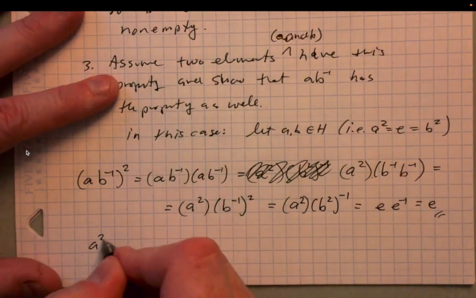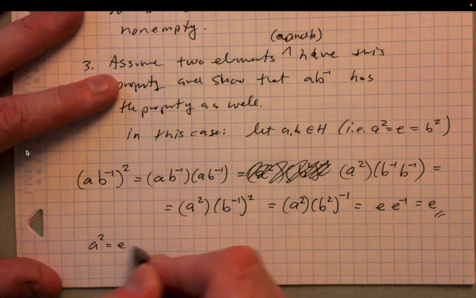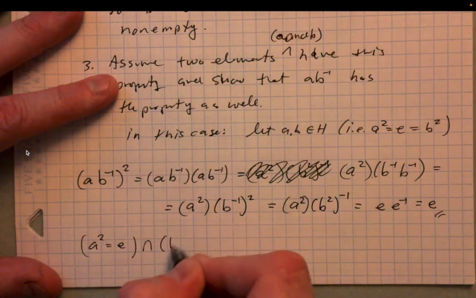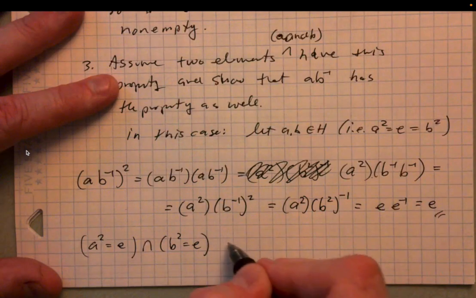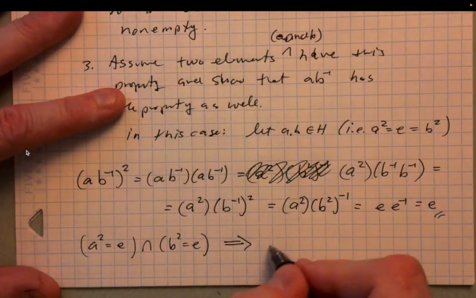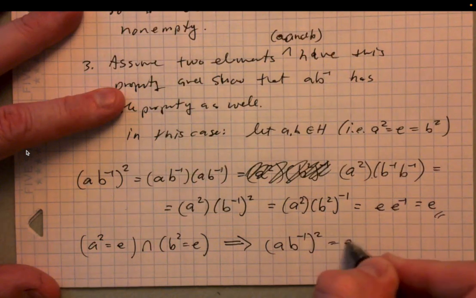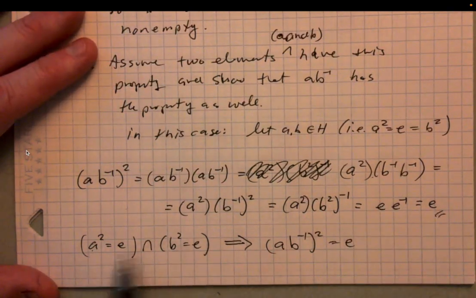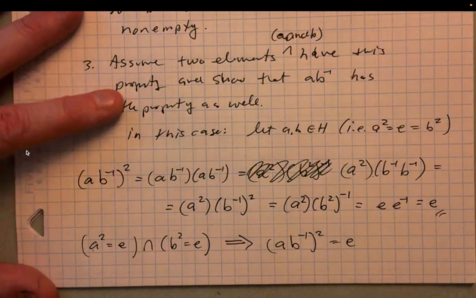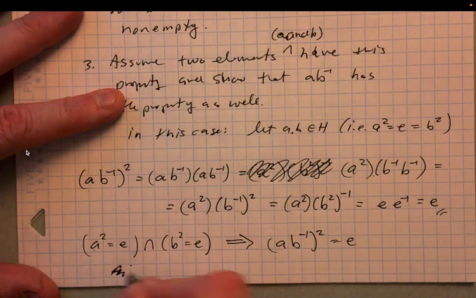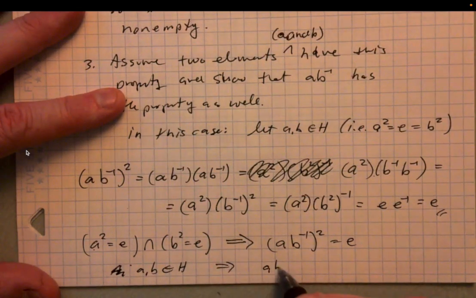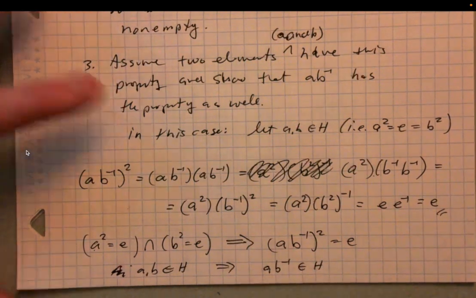A squared equals E and B squared equals E implies that AB inverse squared equals E. So this is equivalent to saying that A, B in H implies that AB inverse is in H.